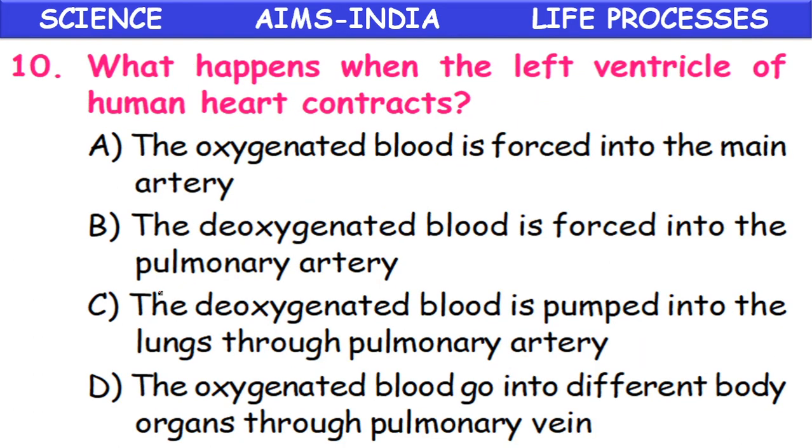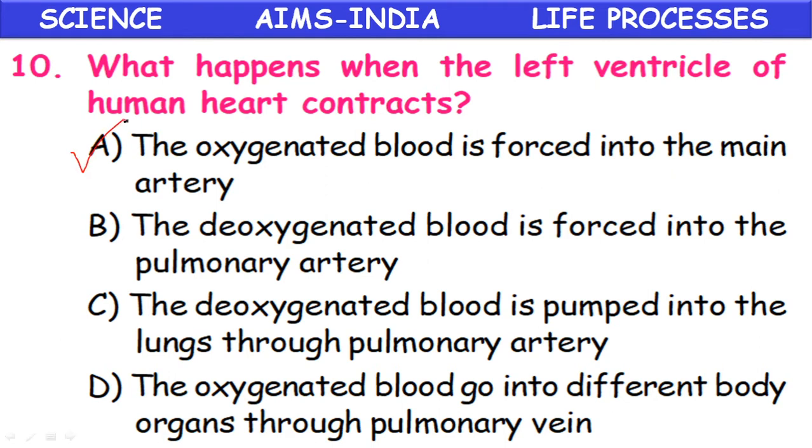What happens when the left ventricle of the human heart contracts? Oxygenated blood is forced into the main artery. The deoxygenated blood is forced into the pulmonary artery. The deoxygenated blood is pumped into the lungs through the pulmonary artery. The oxygenated blood goes into different body organs through the pulmonary vein. So the oxygenated blood is forced into the main artery, that is called aorta.